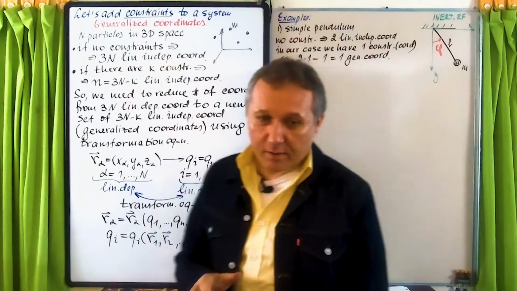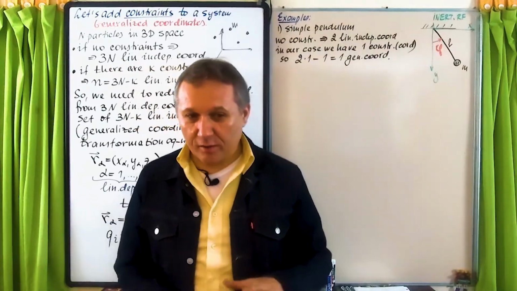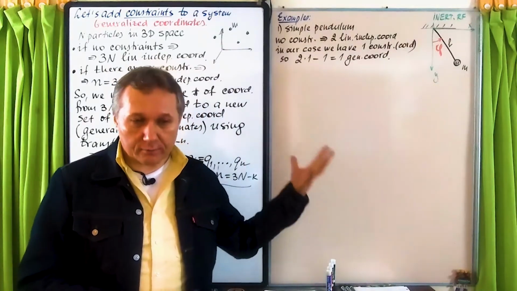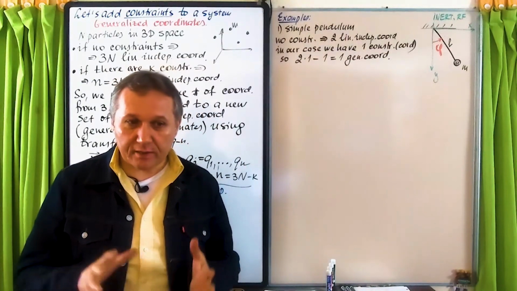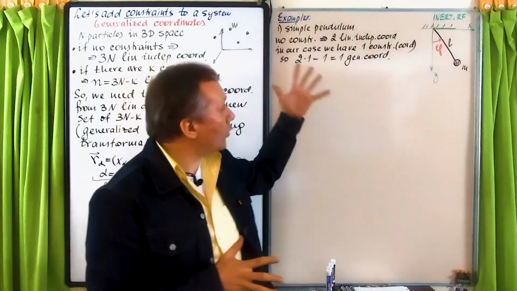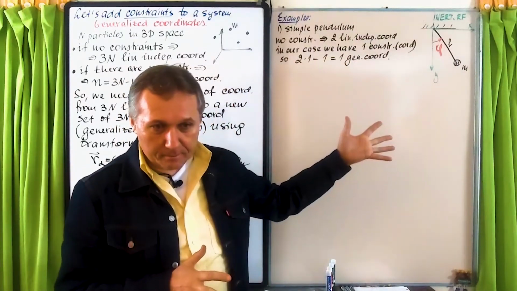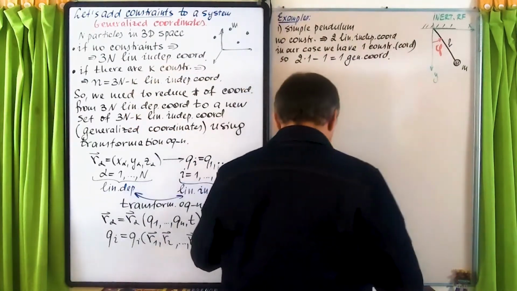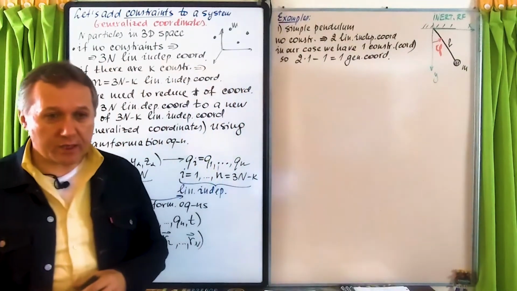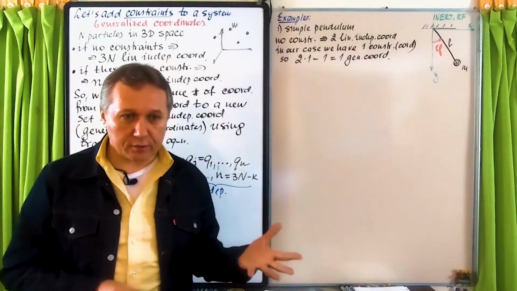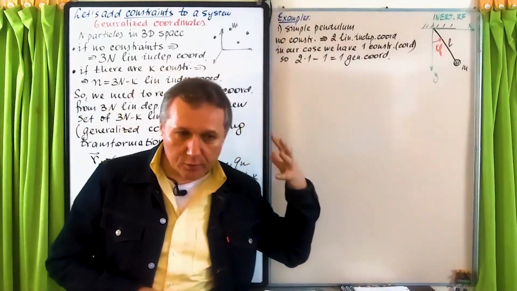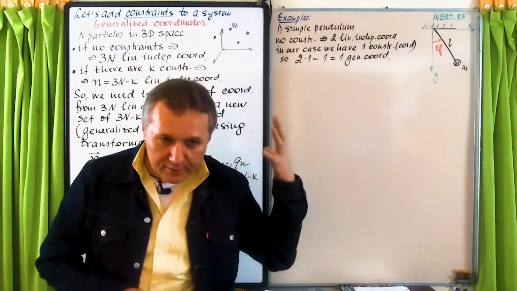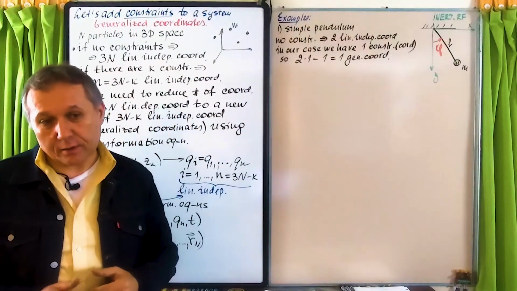Now, once you decided which generalized coordinate to use, you have to write transformation equations, which will allow us to move from our x and y to phi. And every time in a problem, if you use the Lagrange equation, show your generalized coordinates in the diagram properly, or even just state them in the problem, because that's the essential part.